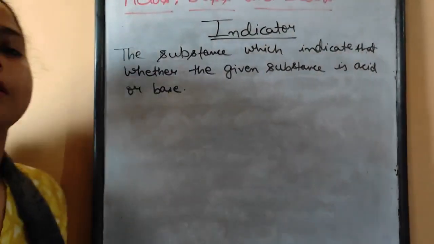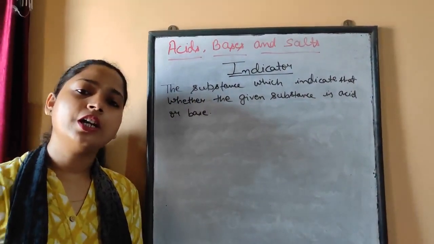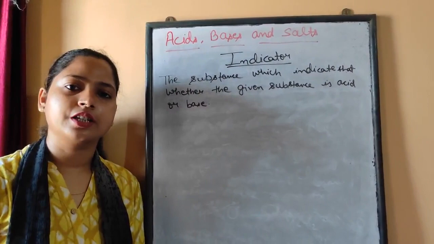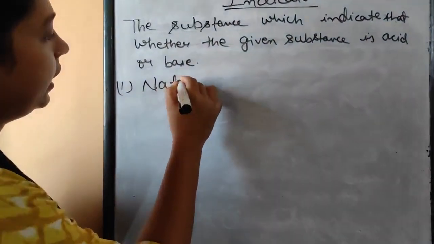So indicators are used to identify acid or base. Now there are different types of indicators. The very first type which we have to read is natural indicator.